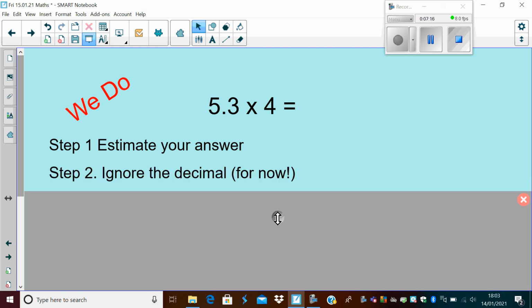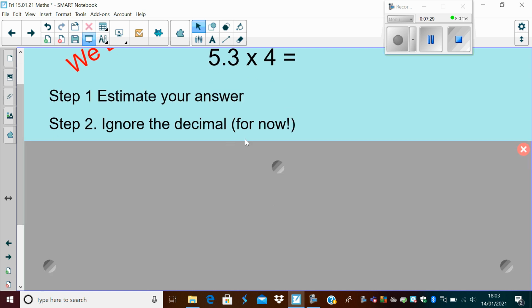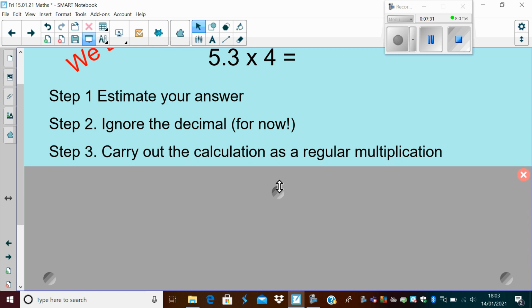Step 2, I want you to actually ignore the decimal point this time. Okay, just ignore the 0.3 for now, not completely. I'm going to scroll down a bit. Step 3, carry out the calculation as if it were a normal regular multiplication. So 53 multiplied by 4.